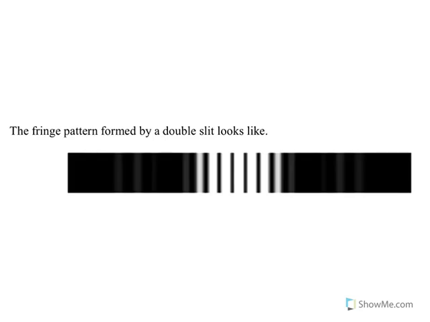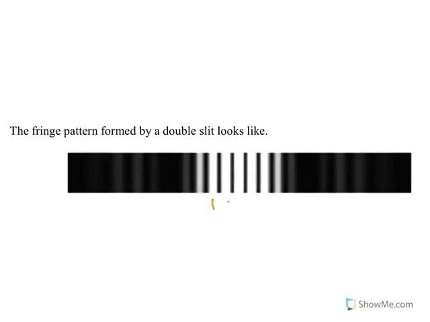So what you get, if you're looking at it, is a fringe pattern that looks something like this. In towards the middle you can quite easily see them, and then further out it's a little bit darker. There are a couple that are a bit brighter, and so on. So that's what the pattern looks like.